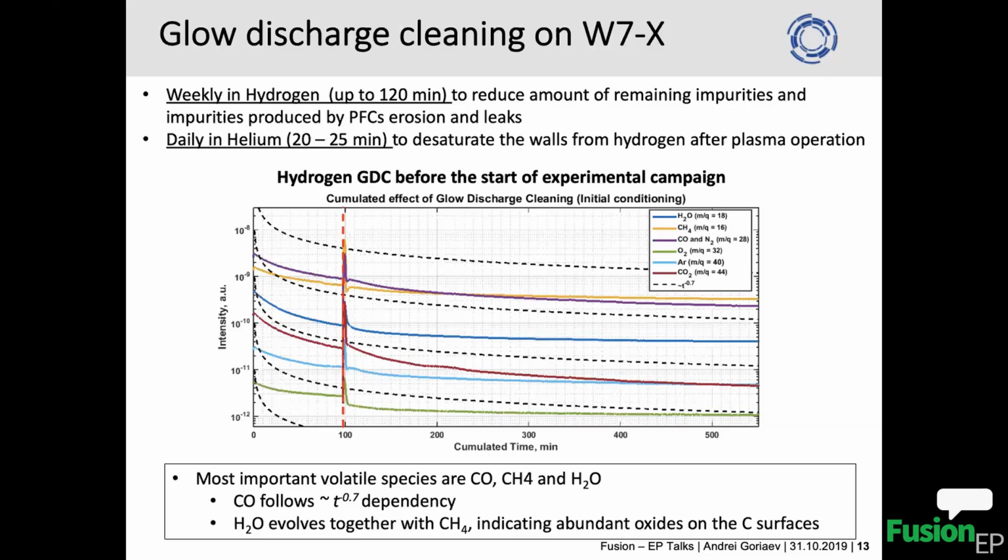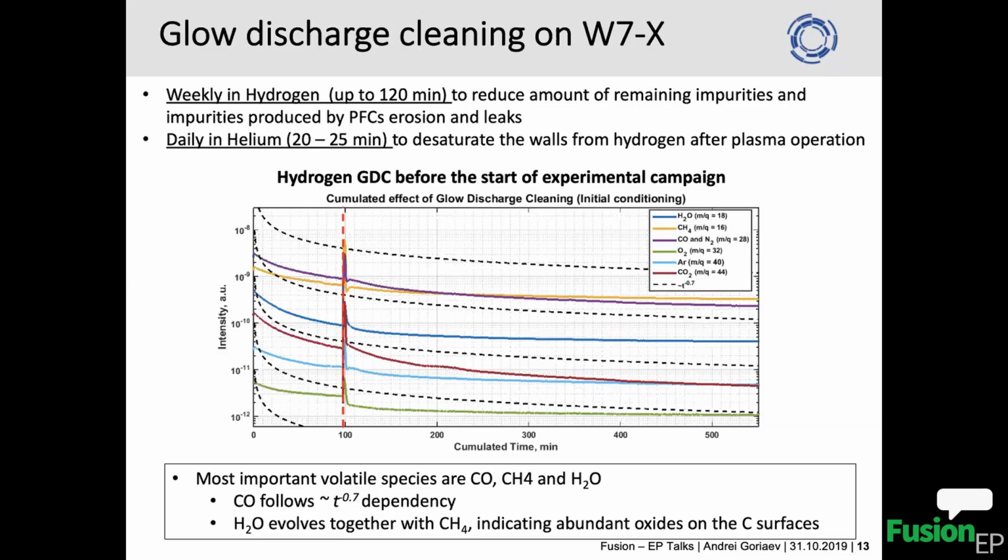So you can see that the reduction of impurities follows certain trends, which we can use to understand how many hours of glow discharge we still need before the start of plasma operation, and the relative amount of impurities which we still have in the vacuum vessel.